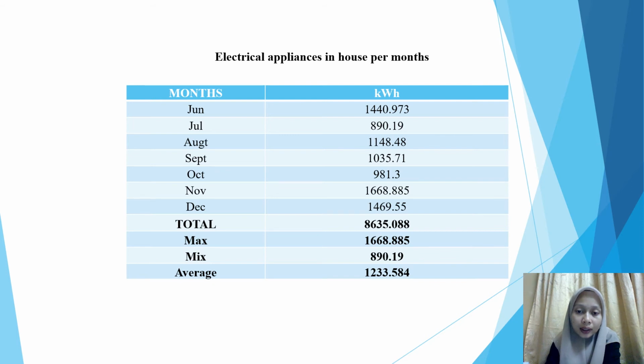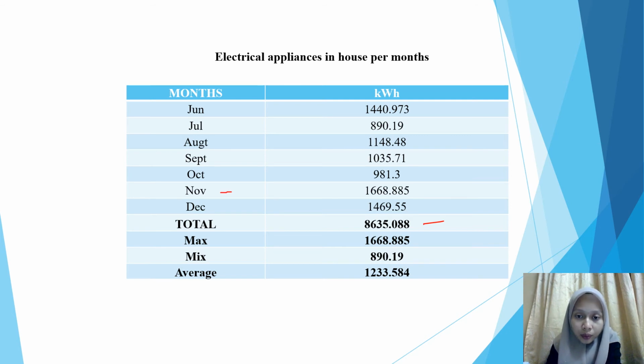So after we calculate all 7 months of electrical kilowatt hour for the appliances, the total is 8,613.5. What we see, the maximum electrical consumption per month is on November.